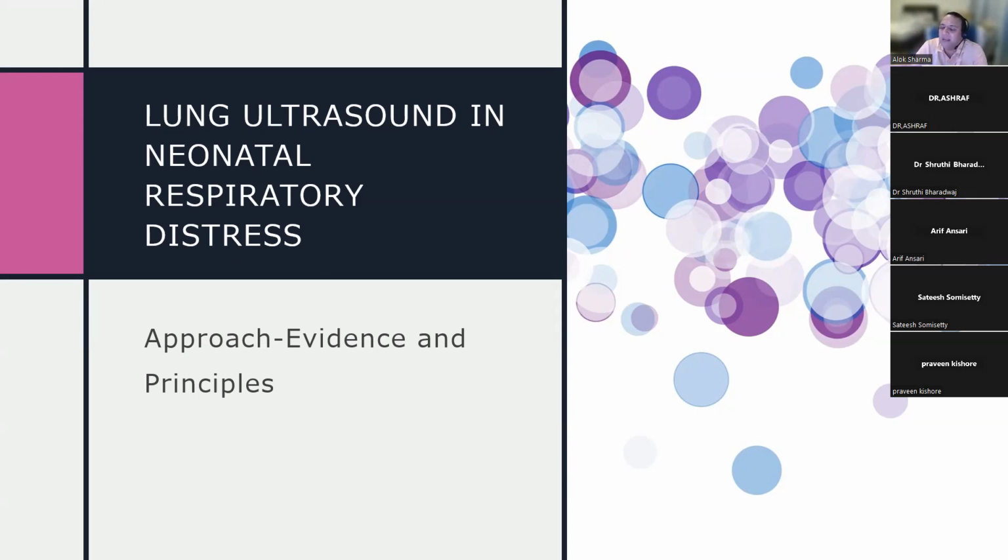Now, if I get a score of more than 10 in a baby in air, the question from my perspective is if he has good gas exchange, why would I want to give him another dose of surfactant?